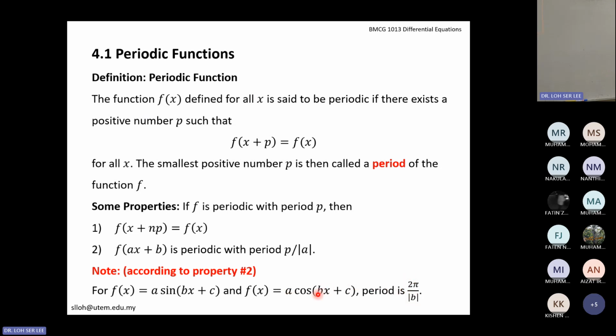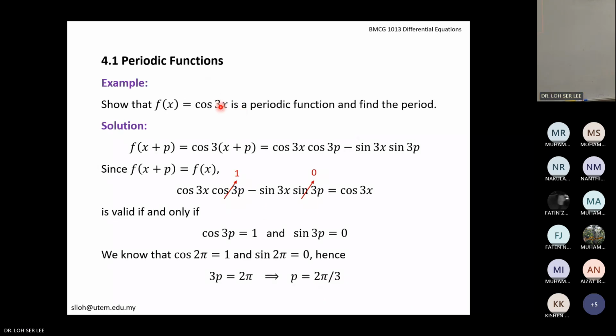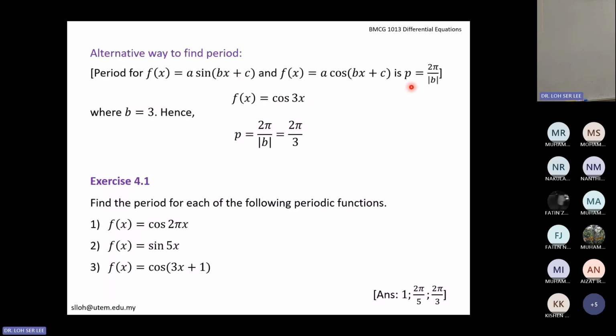Your b is 3. The a is 1, but what we need is b, the value of b. B is the coefficient of x, so your b is actually 3. So the period is 2 pi over 3. You can obtain the period directly.